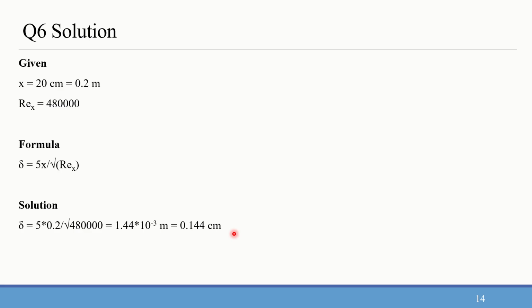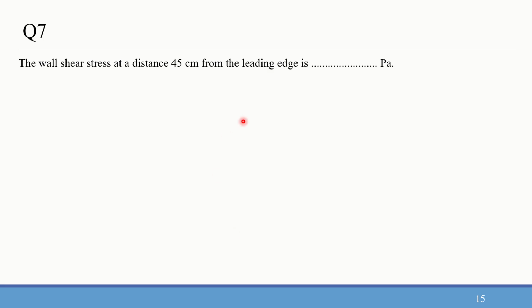Now we'll go to the next question. The wall shear stress at a distance of 45 centimeters from the leading edge is dash Pascal.